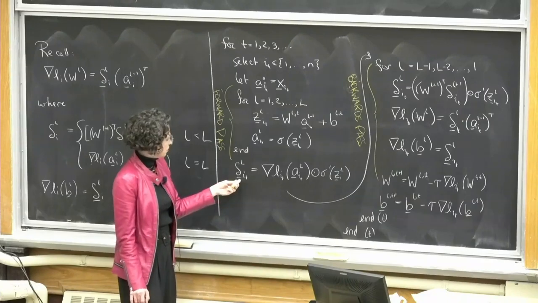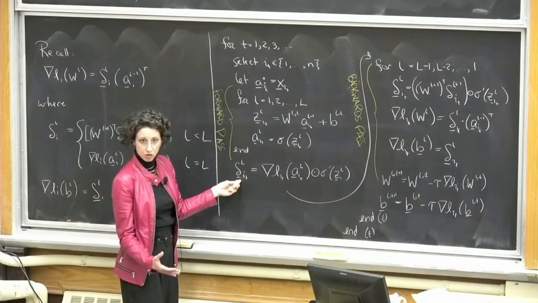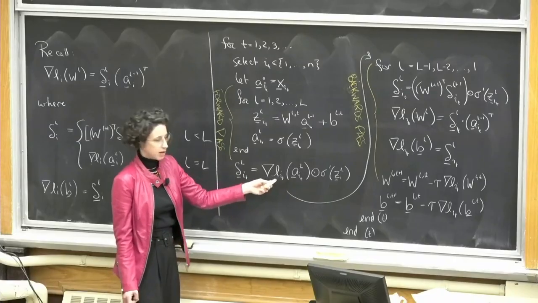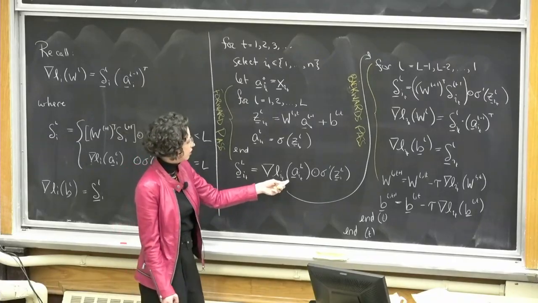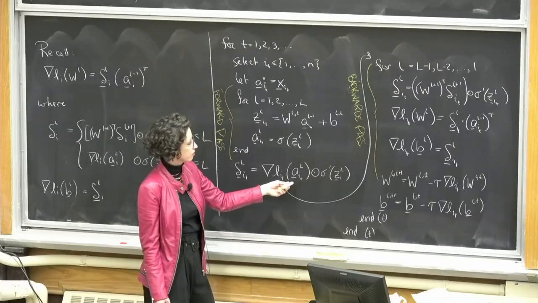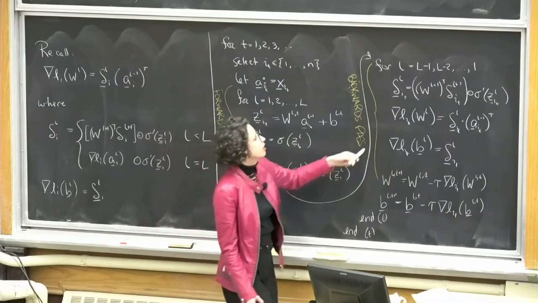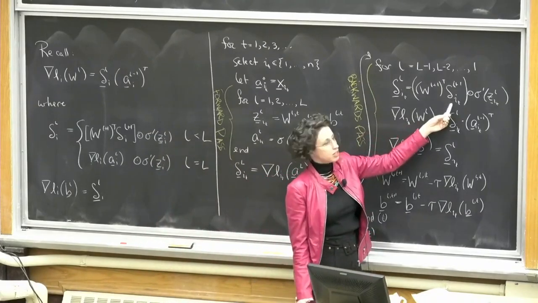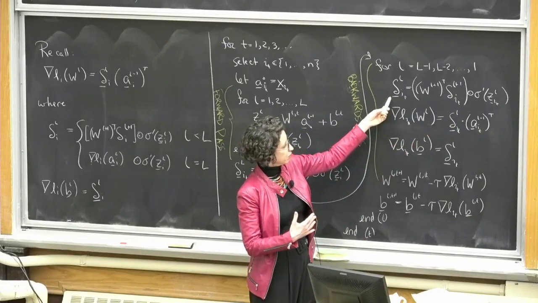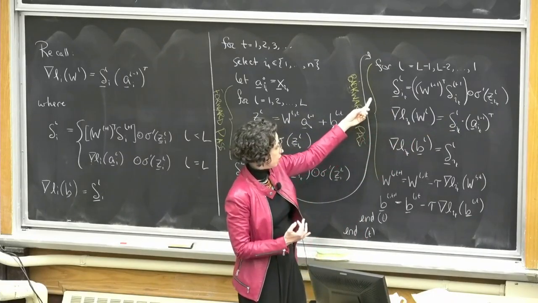I compute this delta that shows up again and again at my final layer by thinking about how the final layer outputs are affecting my overall loss. And then I can use the deltas to compute the deltas from each previous layer, so I'm working my way backwards through the network.